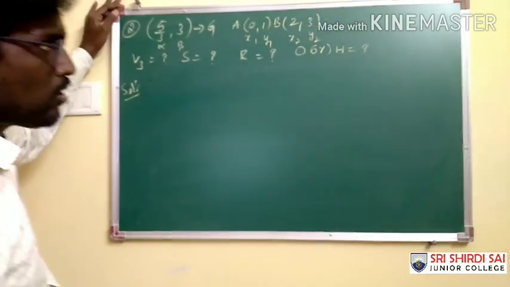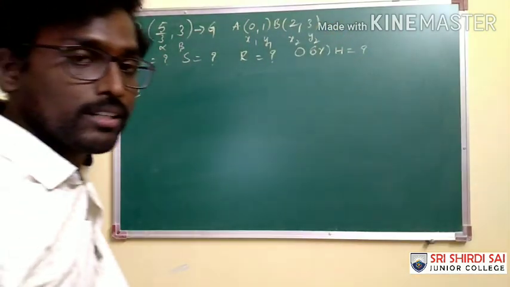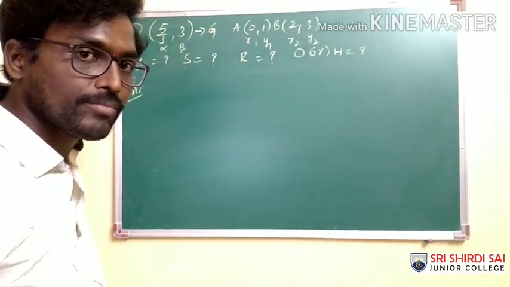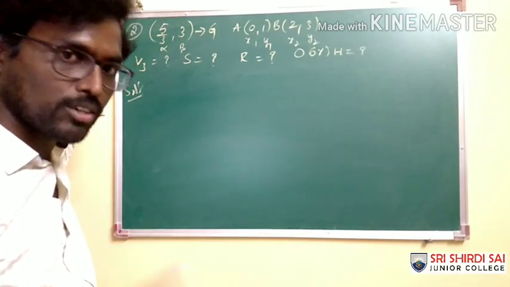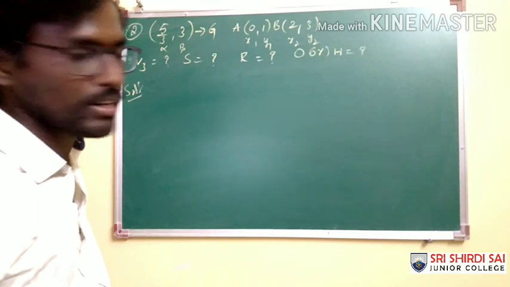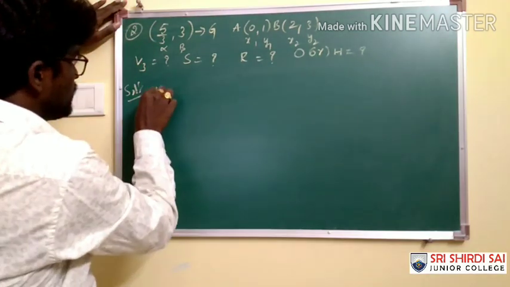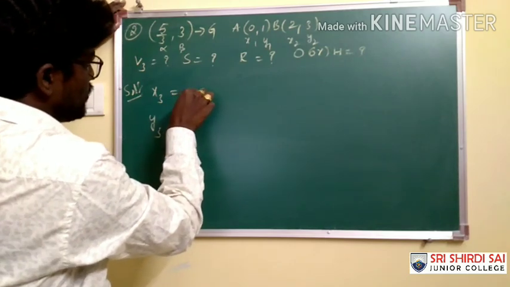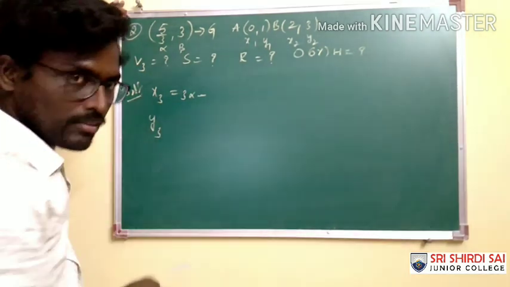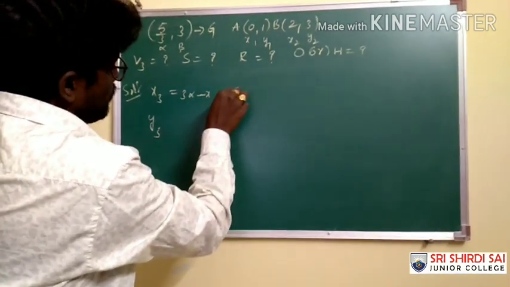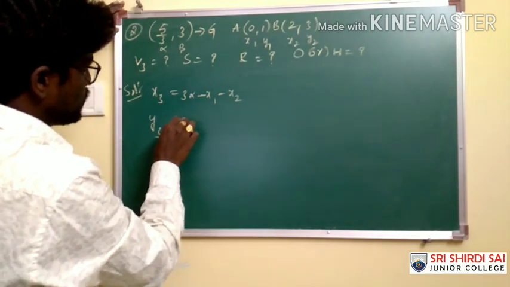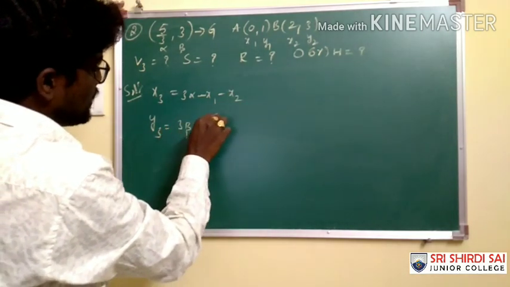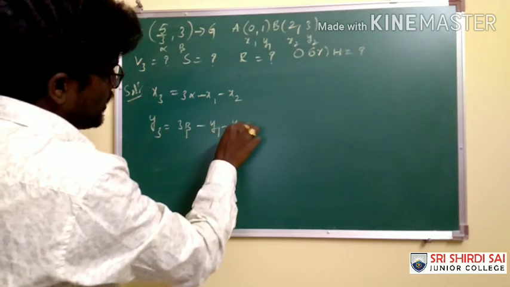We have discussed a shortcut formula to calculate the third vertex when provided the coordinates of the centroid and the two vertices of the triangle. What is that? Third vertex x3 and y3 is given by x3 is equal to 3 alpha minus x1 minus x2. What is y3? 3 beta minus y1 minus y2.